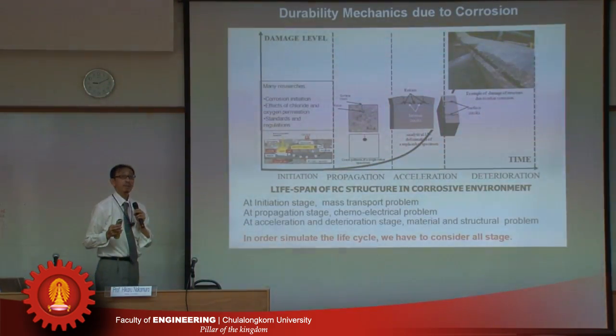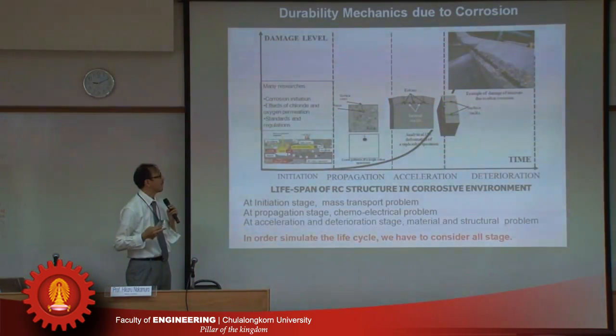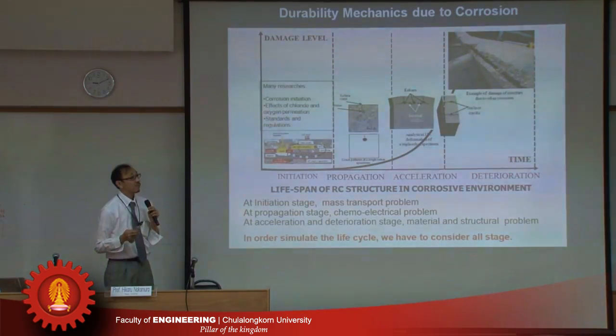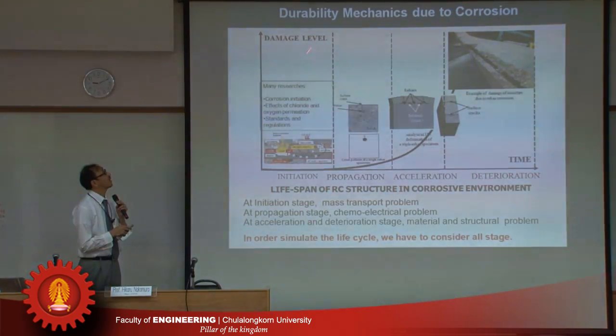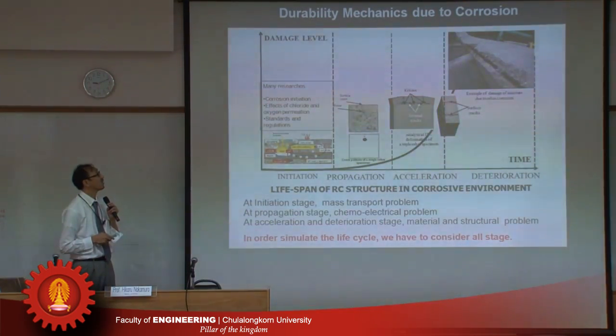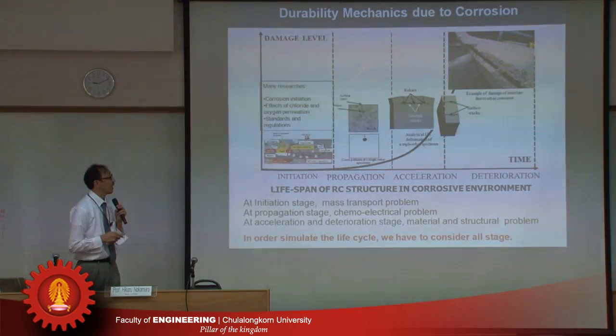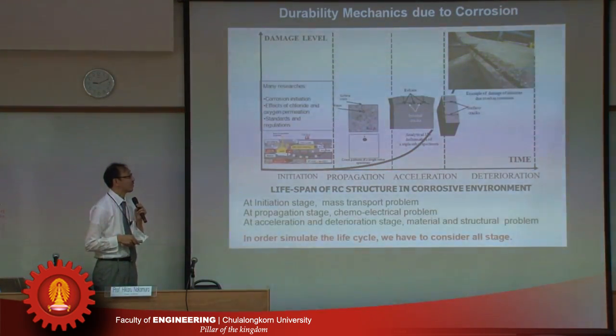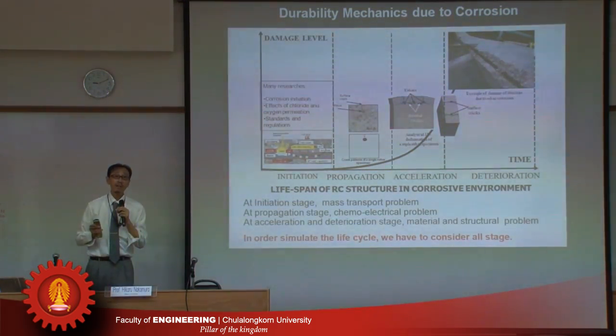Before I explain my result, I'd like to mention again durability mechanics, in this case due to corrosion. This figure shows the lifespan of RC structures in a corrosive environment.